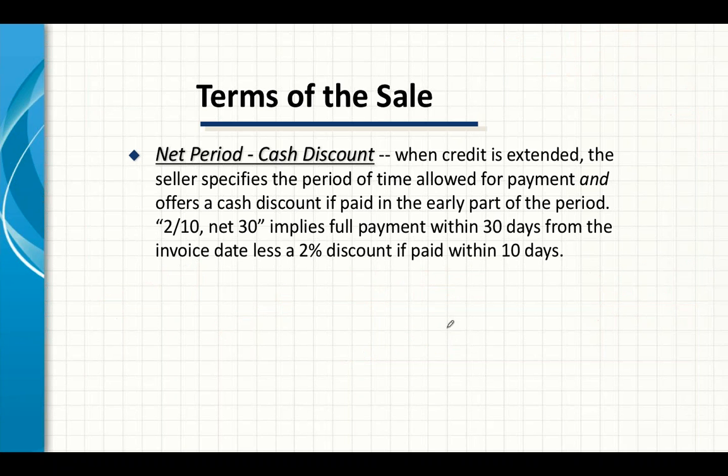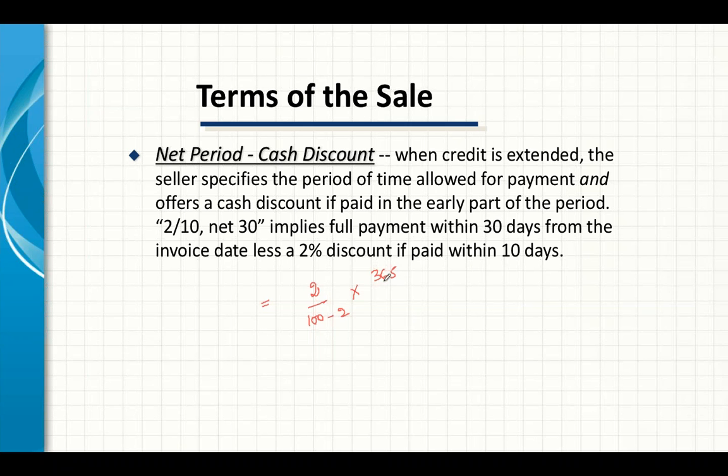For this we use a formula here. The cost of not taking discount equals 2 divided by, you will be paying only $98. Therefore 100 minus 2, 2 divided by 100 minus 2 multiplied by year.